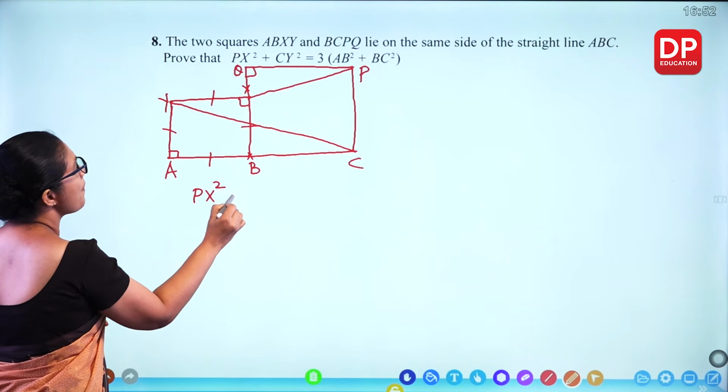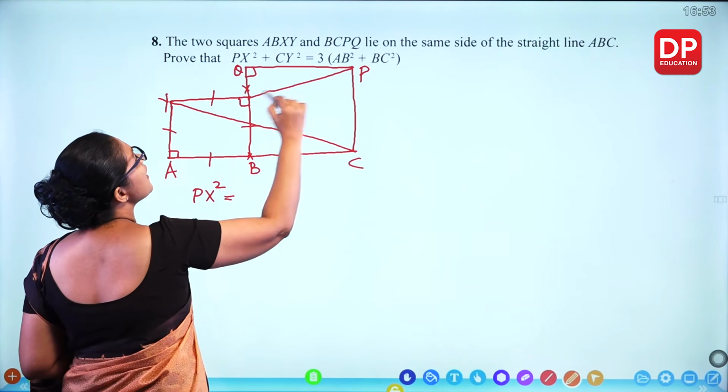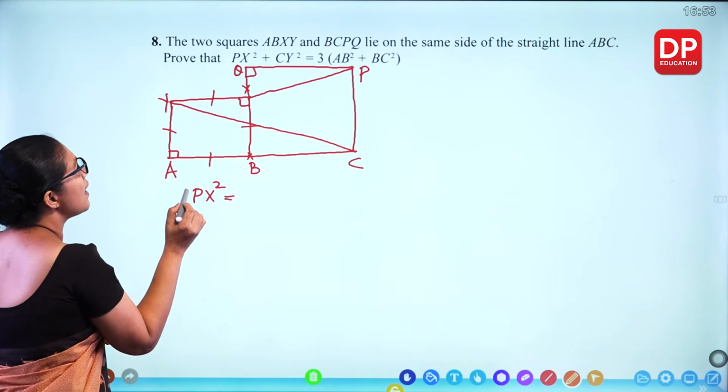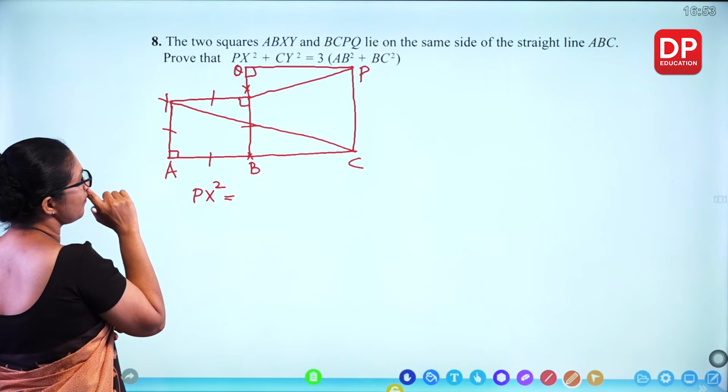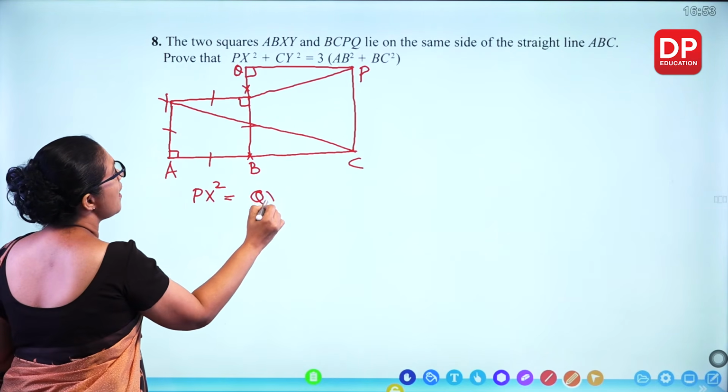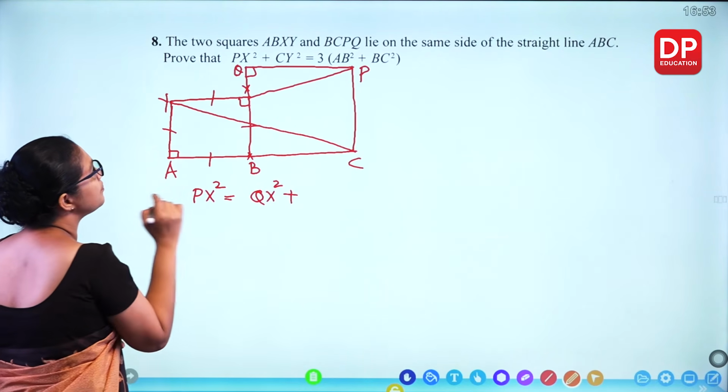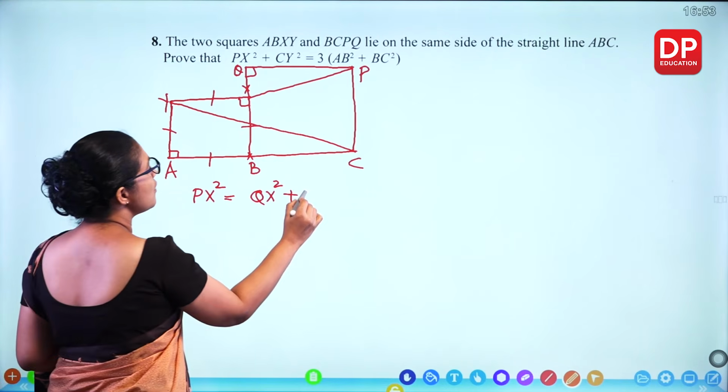PX squared. What can I write for PX squared? I can write QX squared plus PQ squared.